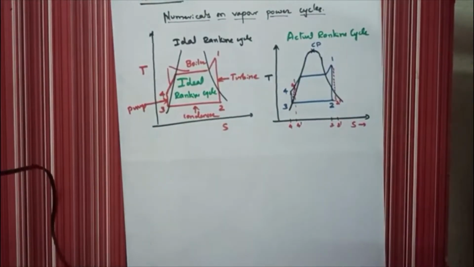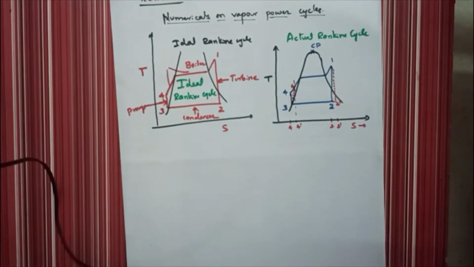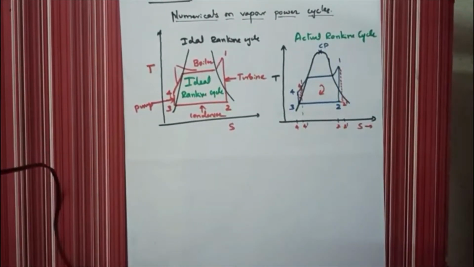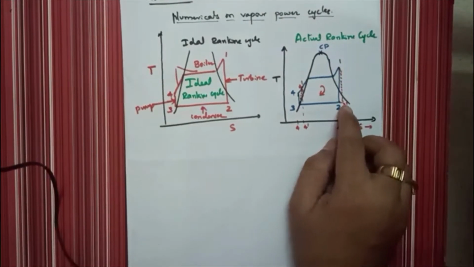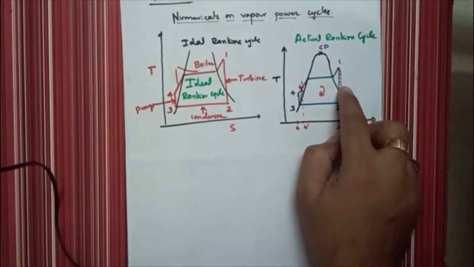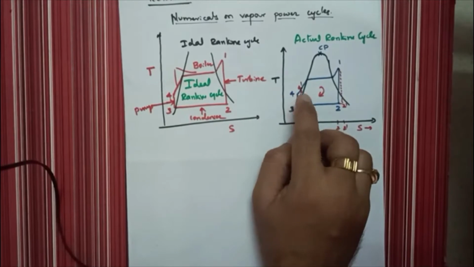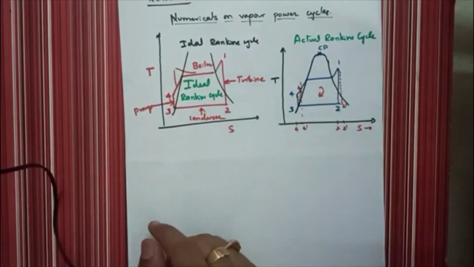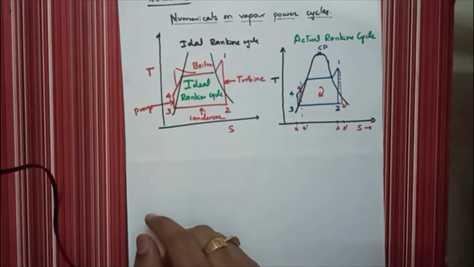This is the difference. The remaining everything is the same. So here it is the actual Rankine cycle. So the only difference is you will consider the friction loss in the turbine and the friction loss in the pump also. That is the difference between the ideal Rankine and actual Rankine cycle.